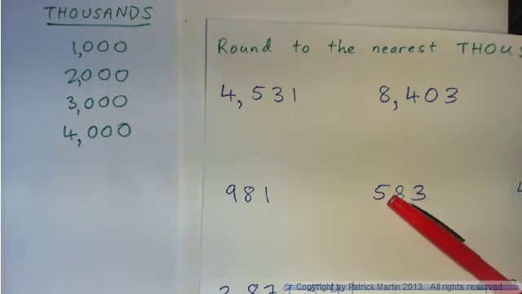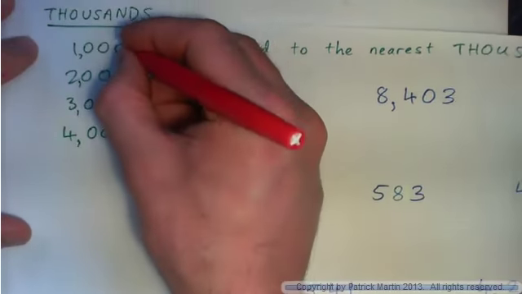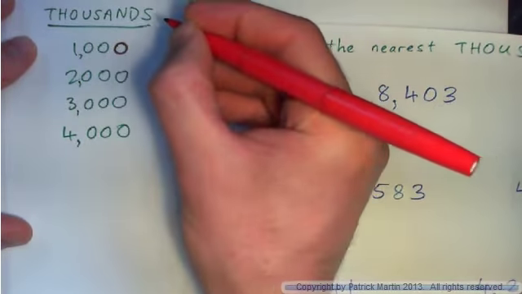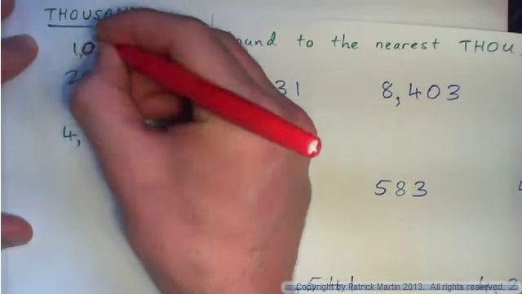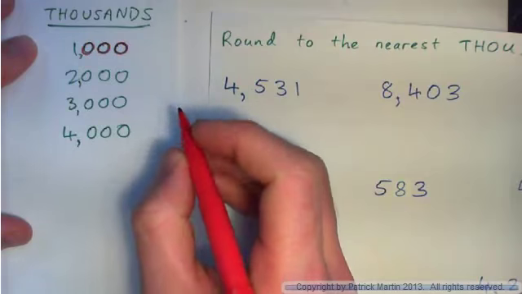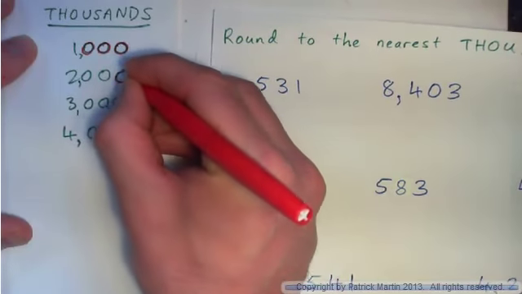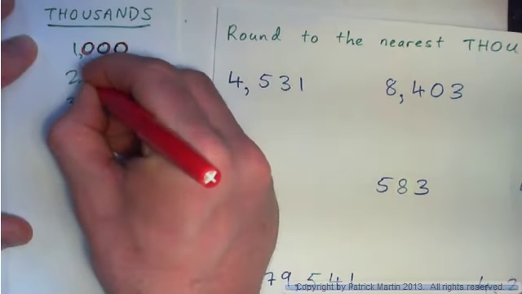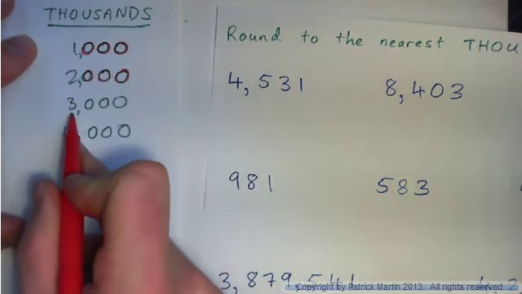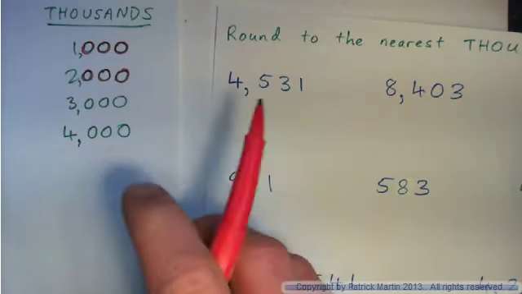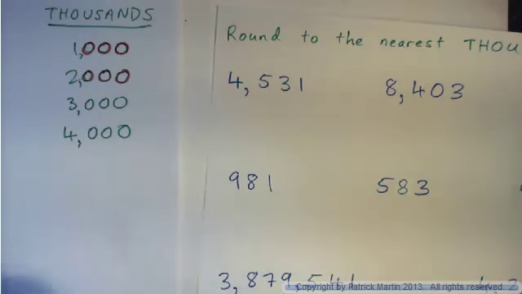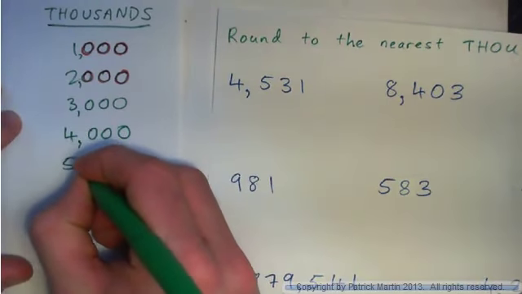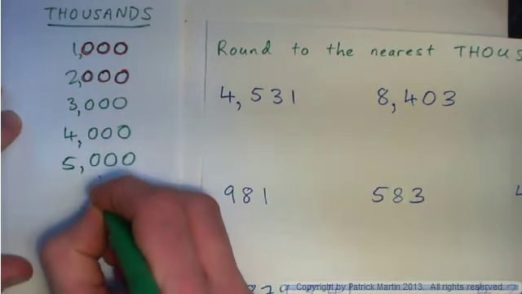What's common about thousands is that they have a 0 in the unit spot, a 0 in the 10 spot, and also a 0 in the 100 spot. And then you have any digit here. Now that could also be 0, but as long as it has 3 zeros at the end, it's a multiple of 1,000. And so we have 5,000, and so on.